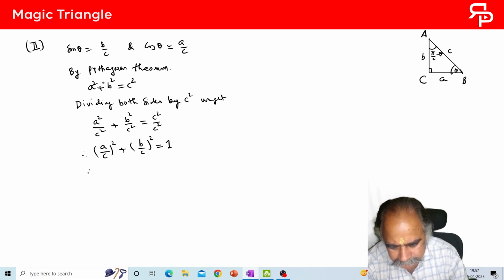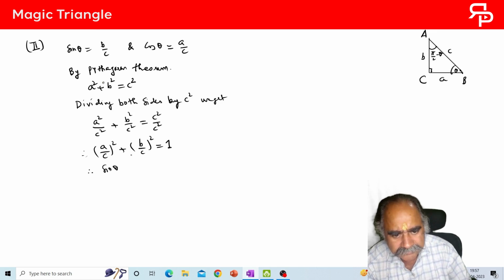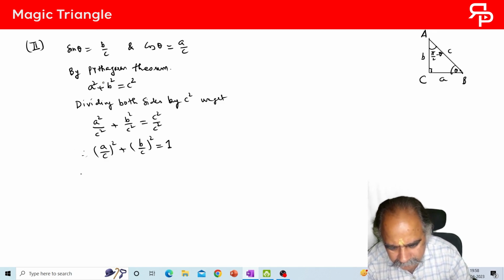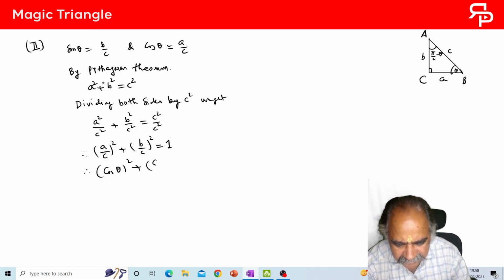Therefore, A by C is cos theta and B by C is sin theta. So cos square theta plus sin square theta is equal to 1.